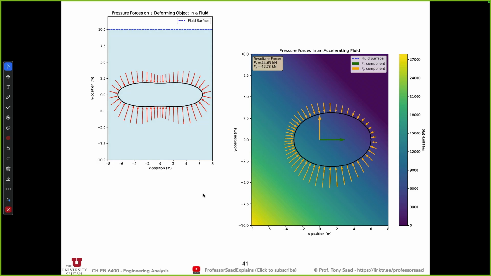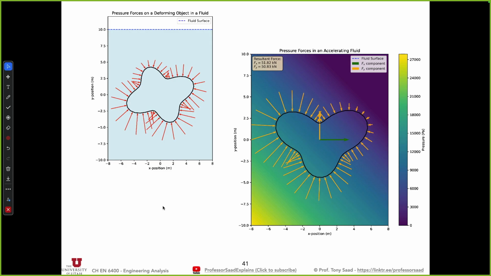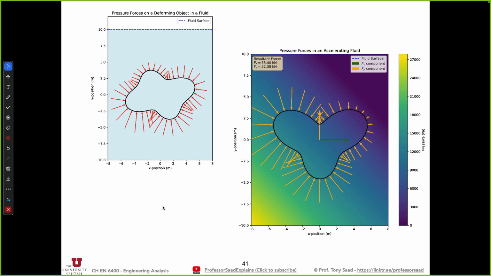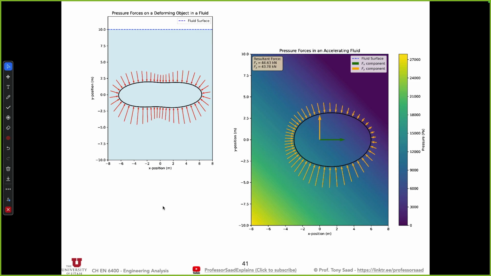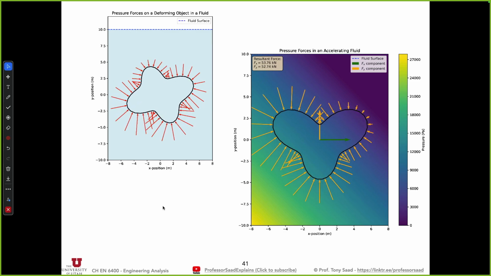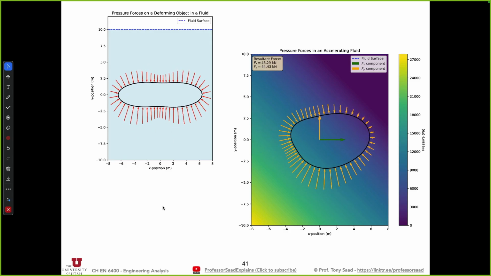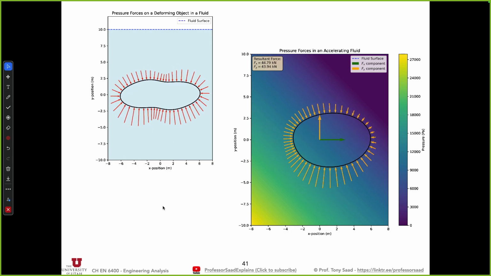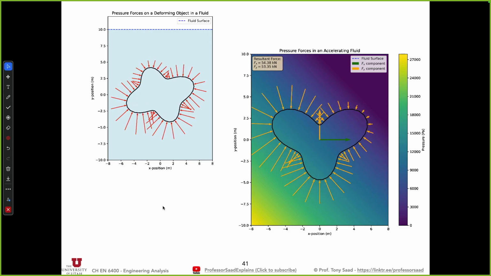And I did some animations here to show you how the pressure force continually changes in a pressure field as the surface is changing, depending on the shape of your control volume or your fluid element, right? The pressure force is always normal and compressive. So if you needed to compute the pressure force on this object, you would have to do that entire integral.